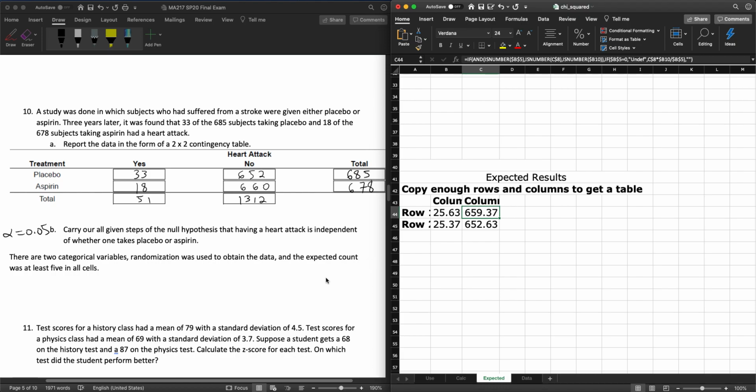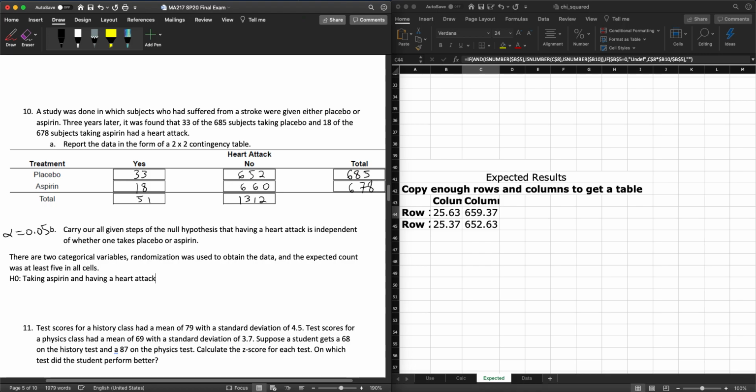Likewise, from this we can give our null and alternative hypotheses. For the null hypothesis, taking aspirin and having a heart attack are independent for this chi-square test.